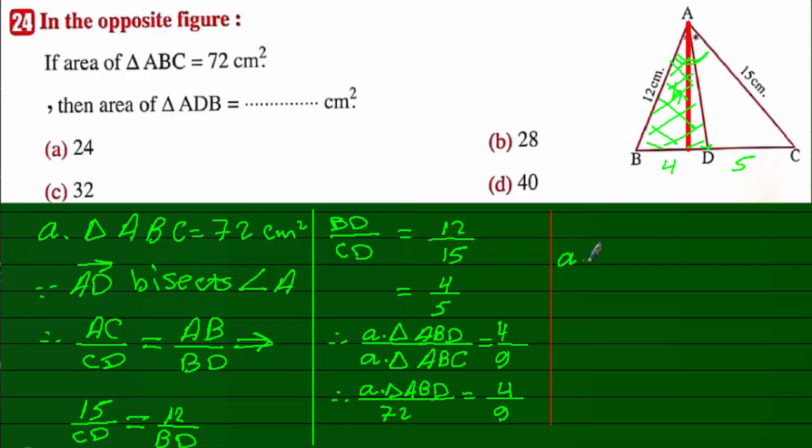Area of triangle ABD equals 72 multiplied by 4 over 9, which equals 32 centimeter power 2. Divide 72 by 9 equals 8, and 8 multiplied by 4 equals 32, and we choose letter C.